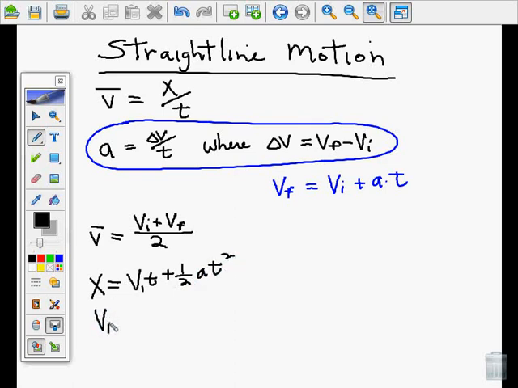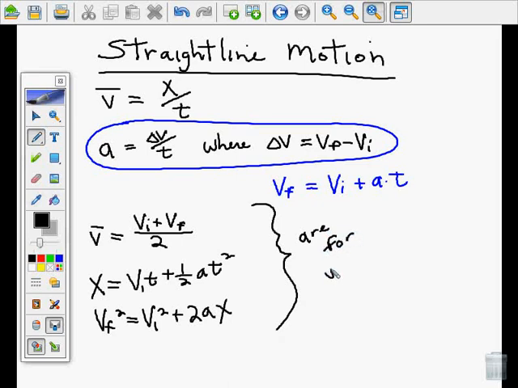And then the no time formula. So these formulas here are for uniformly accelerated motion only.